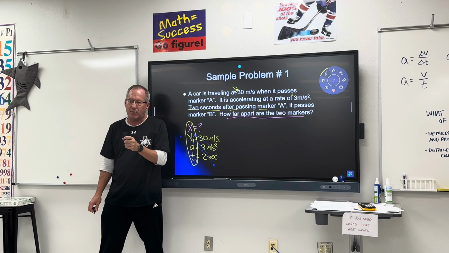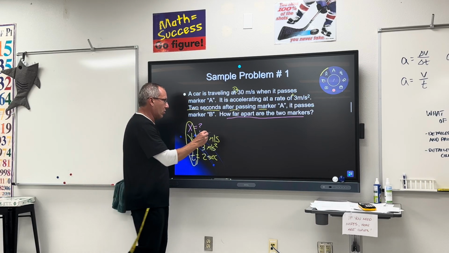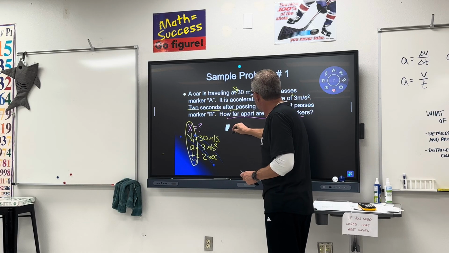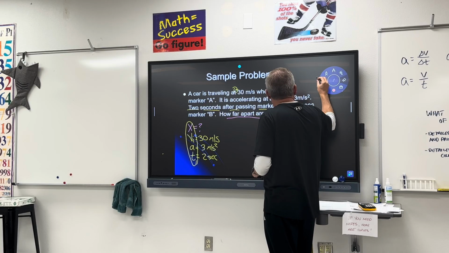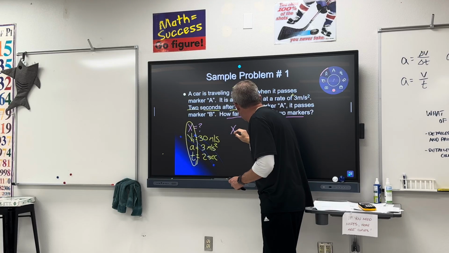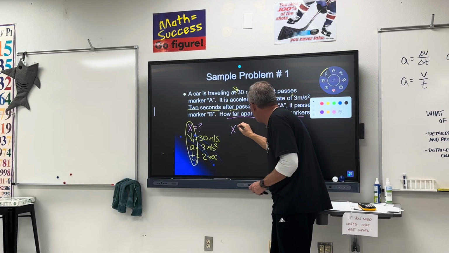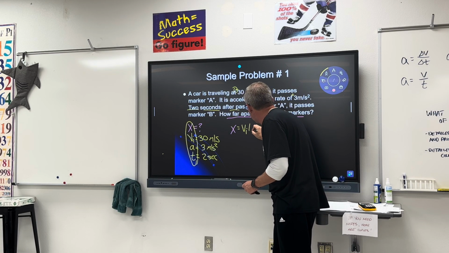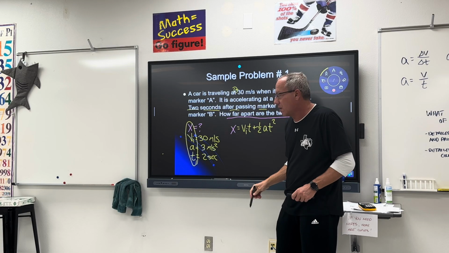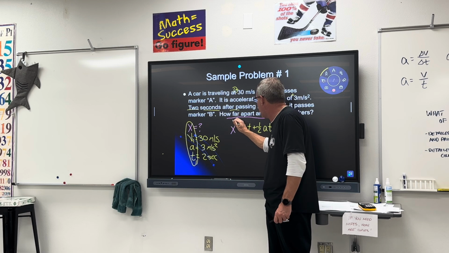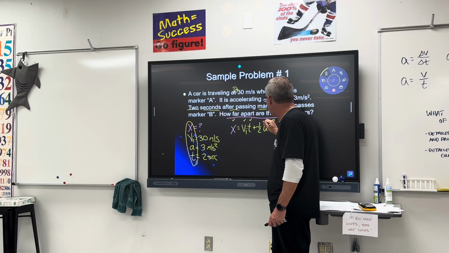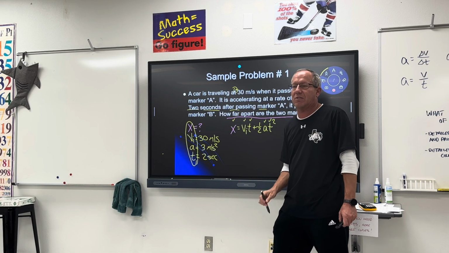I'm going to put displacement in pink, so that's what we're solving for: displacement equals initial velocity times time plus 1/2 acceleration times time squared. I checked my equation and that equation has what I need. It has the initial velocity, time, acceleration, and of course time again. Bingo, that's the one we use.